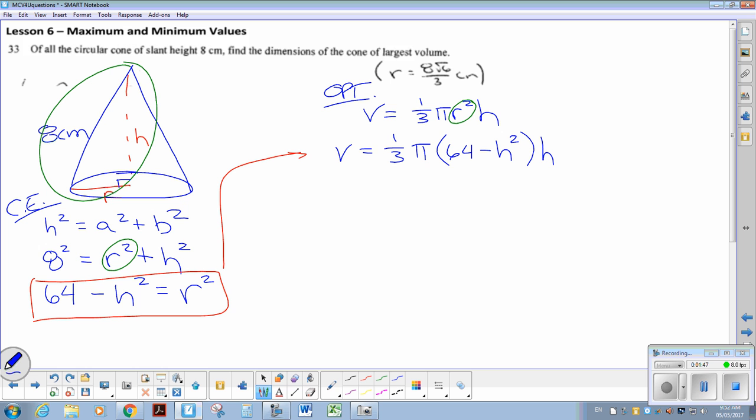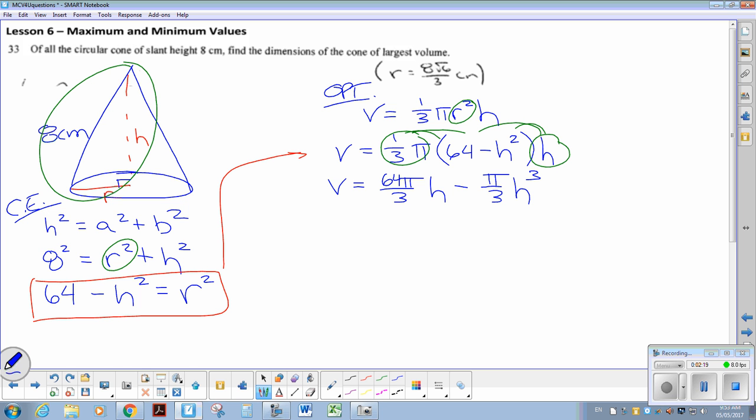I'm going to use the distributive law here to clear it up. This is kind of up to you as to what you prefer. So I have to multiply my h in, and I'm going to multiply the 1/3 pi in at the same time. So I end up with 64 pi over 3, that's just a number, h minus pi over 3 h cubed.